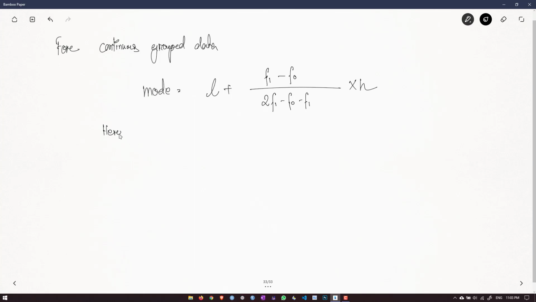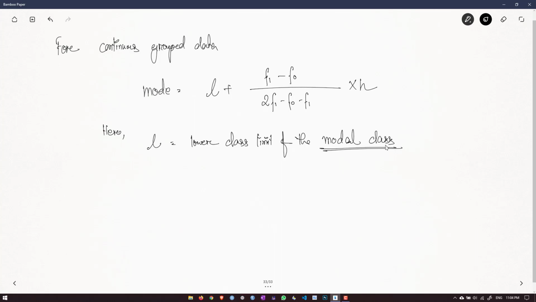So here, L, same like median, is the lower class limit of the modal class. A modal class means same like median class.